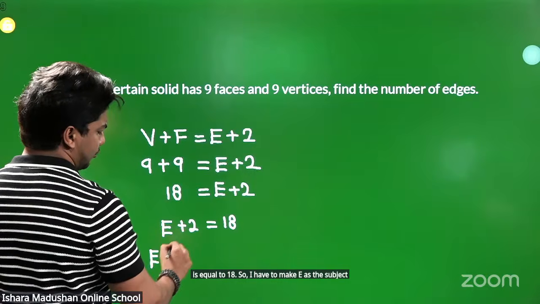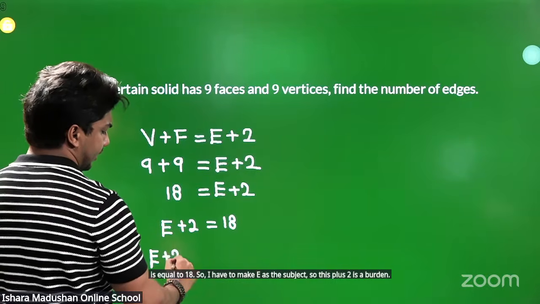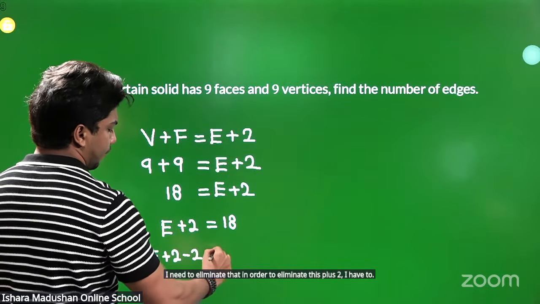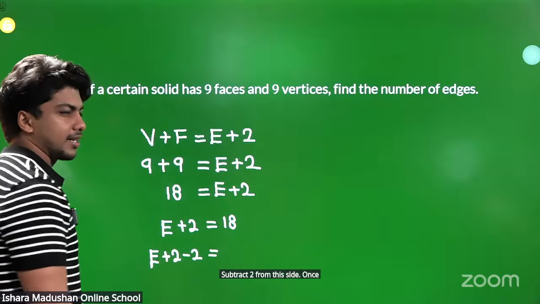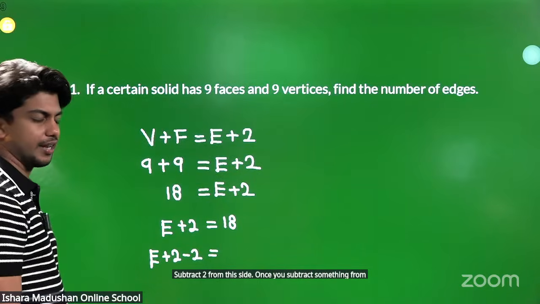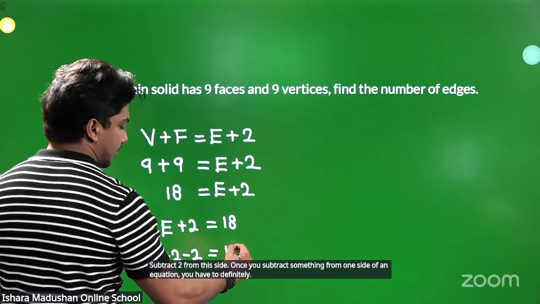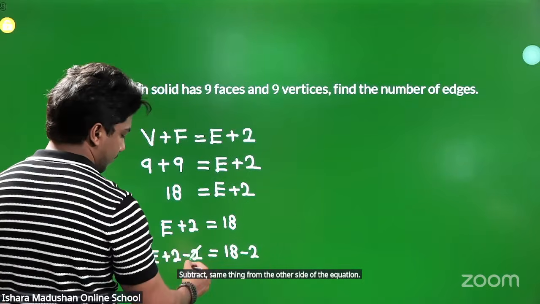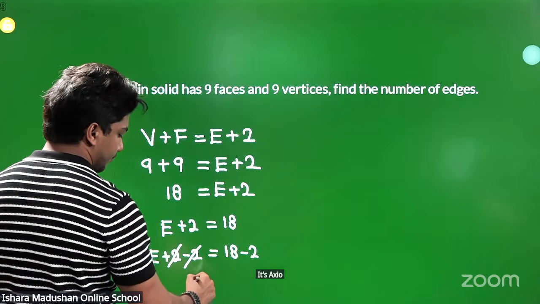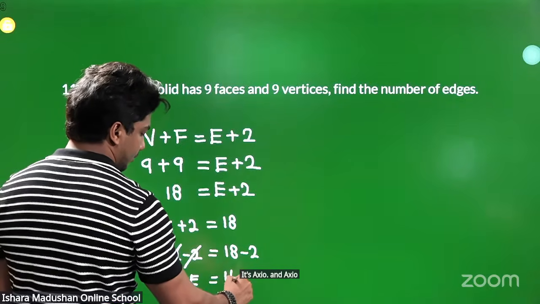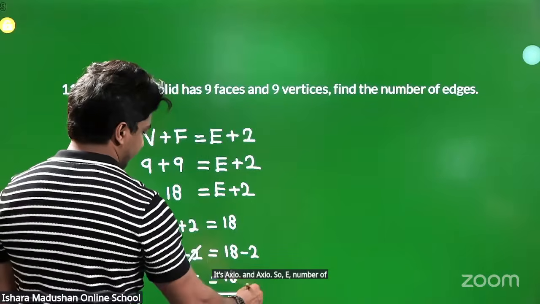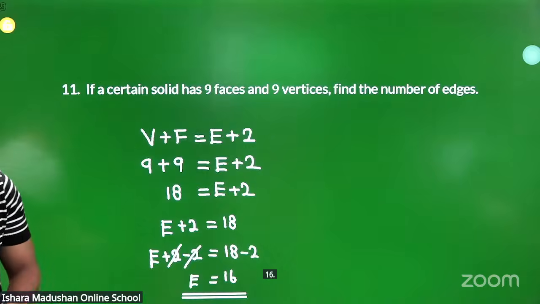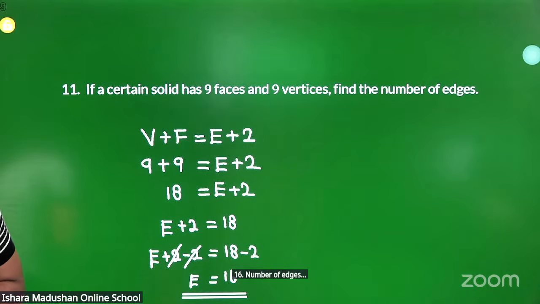So this plus 2 is a burden, and I need to eliminate that. In order to eliminate this plus 2, I have to subtract 2 from this side. Once you subtract something from one side of an equation, you have to subtract the same thing from the other side of the equation. It's an axiom. So E, the number of edges, is 16.